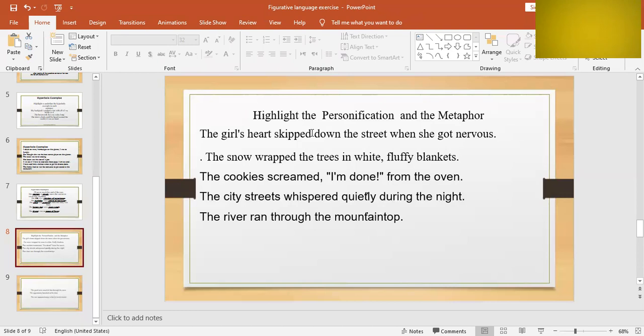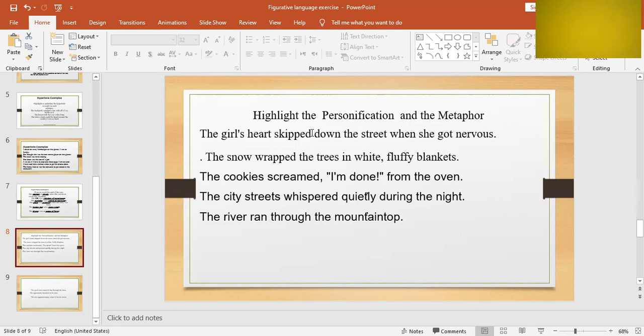You smell the cookies in the oven if they are done or if they are burned. So the cookies scream. Actually, cookies cannot scream. It is a personification and a metaphor.